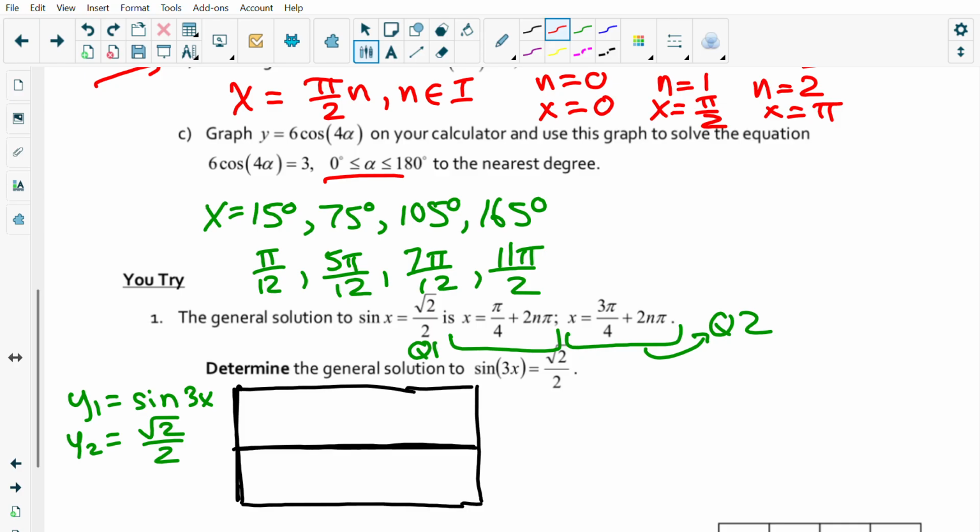I'm going to set my window to 2 pi. Okay, so let's see how this varies. So my graph looks like this. Oh man, let me see if I can draw a proper graph. Sorry about that, folks.